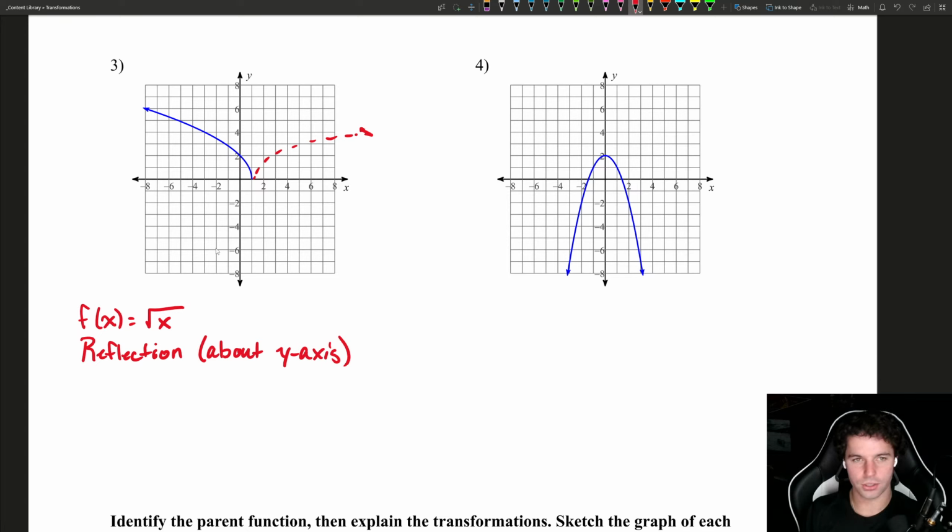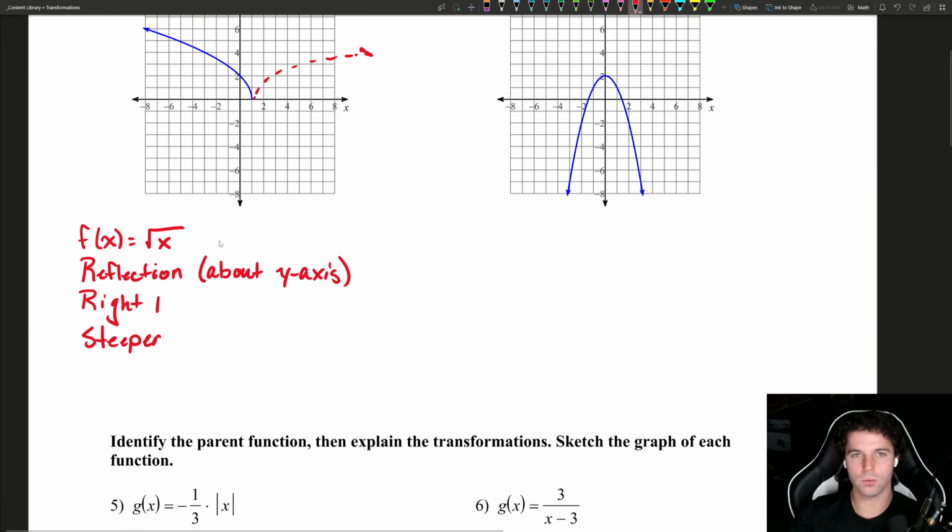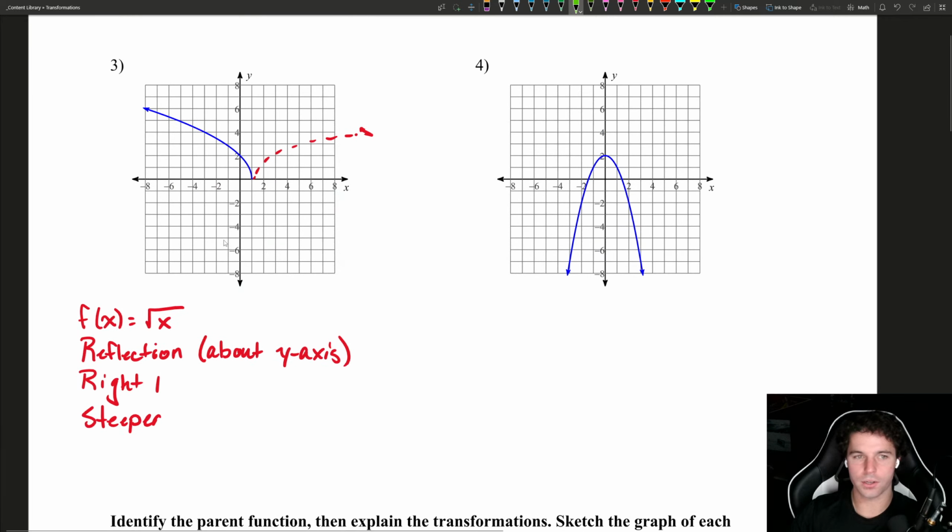It's going to be shifted right 1. And it looks steeper. We'll deal with that in a second. The first thing you should do is get an equation with these 3 things in mind, and then we can figure out the rest after.